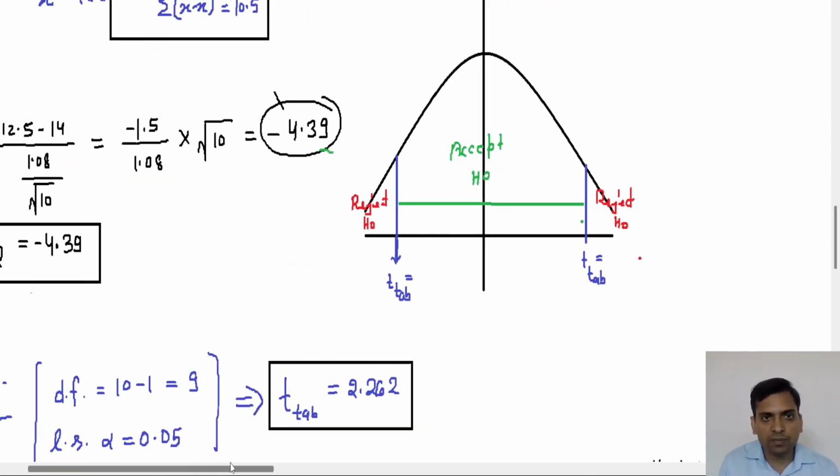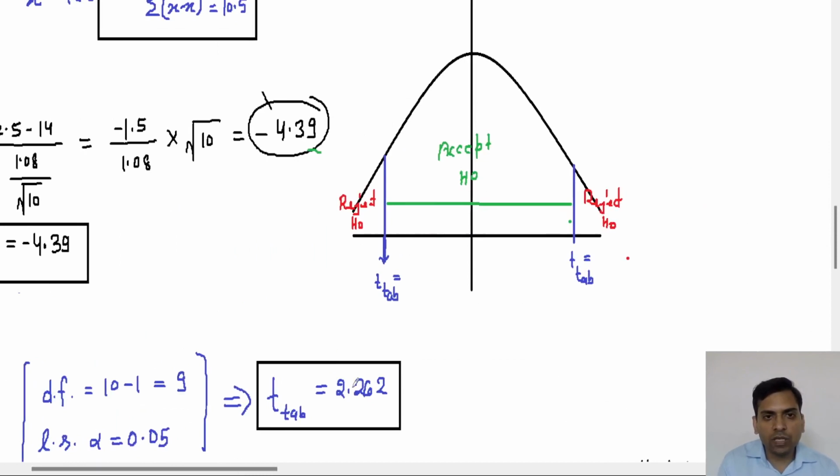Next part is comparison. So t tabulated value is 2.262. As this is given at 5% level of significance, alpha equals 5%, and this is a two-tail test, so we will split this alpha into two parts, alpha by 2 and alpha by 2.